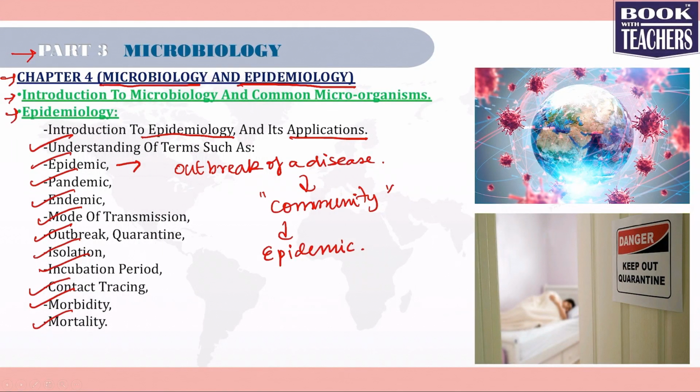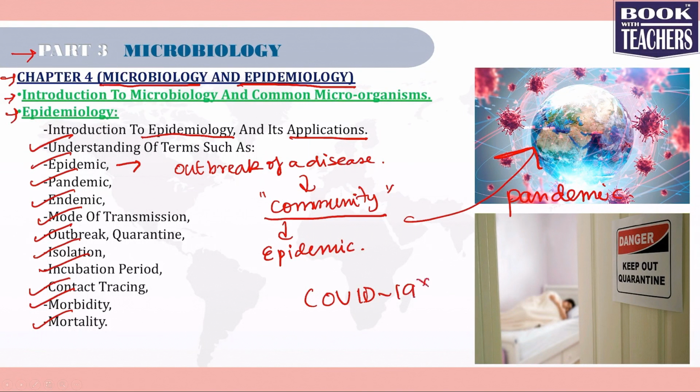Now instead of just a community or a region of India, it started to occur worldwide. Now if it's going to occur worldwide, we call this as pandemic. Now a very good example of pandemic would be, can you guess it? It would be COVID-19. Because COVID-19 is spread throughout the world. It's not limited to one area.